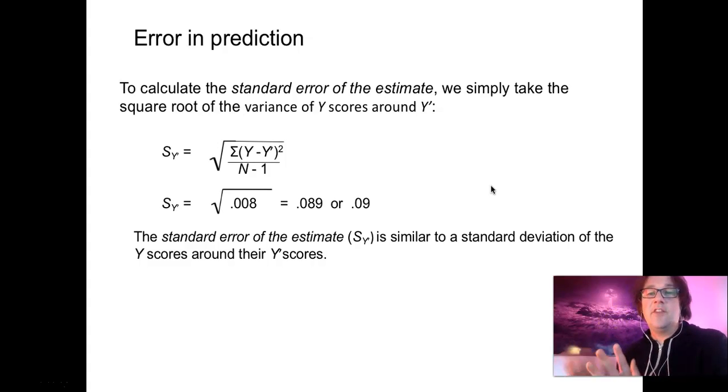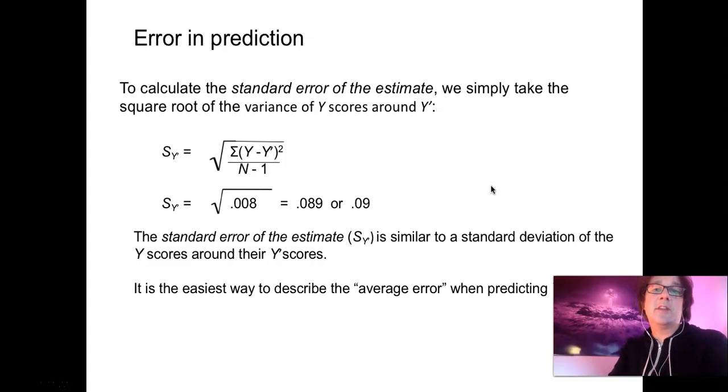So the standard error of the estimate is similar to the standard deviation of the y-scores around their predicted y-scores. So we can kind of interpret this much the same way. It gives us an idea of how much error overall exists within our model.